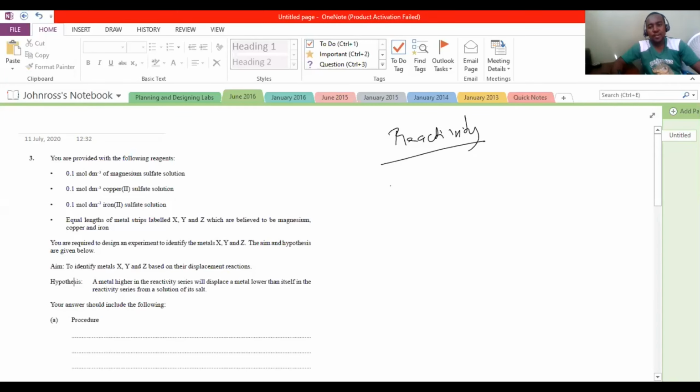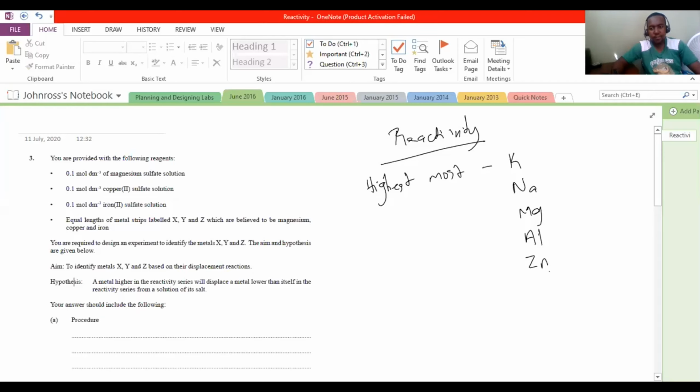So let's go. The order, starting from the highest, the most reactive. That is potassium. Then we have sodium, Na. Then magnesium. Aluminum. Zinc.